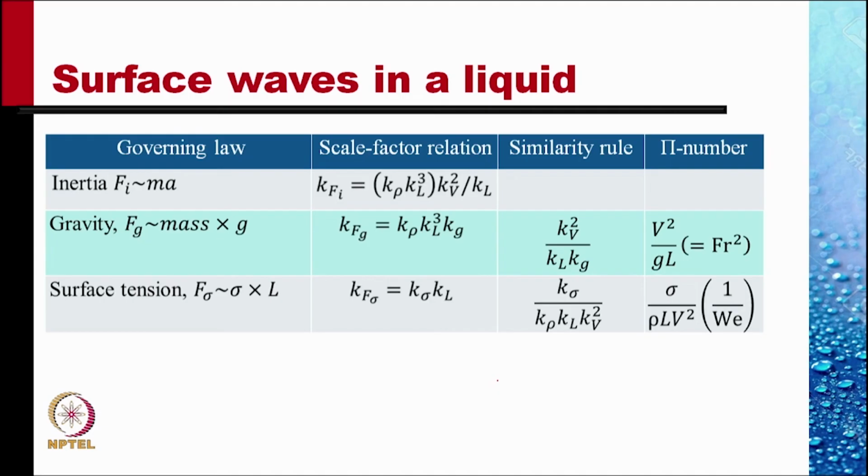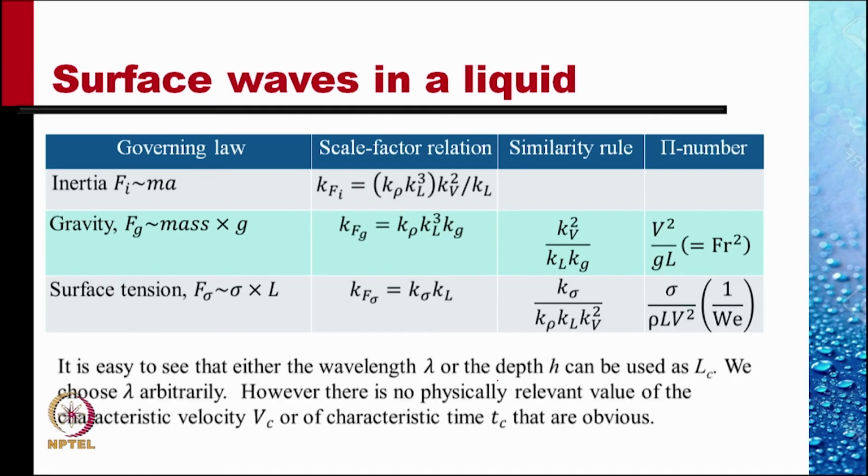The first one is recognized as the square of Froude number, and the second is given the name Weber number. In fact, it is the reciprocal of the quantity defined as Weber number. So, similarity requires that these 2 pi numbers must match.